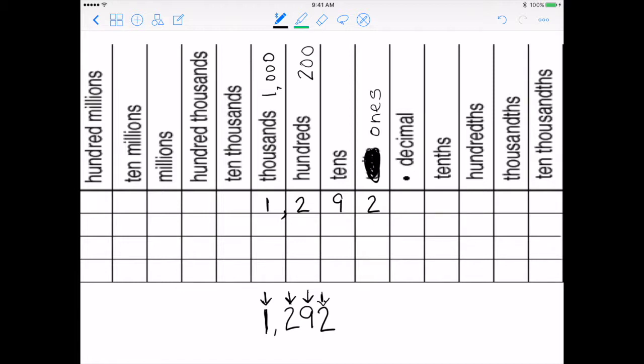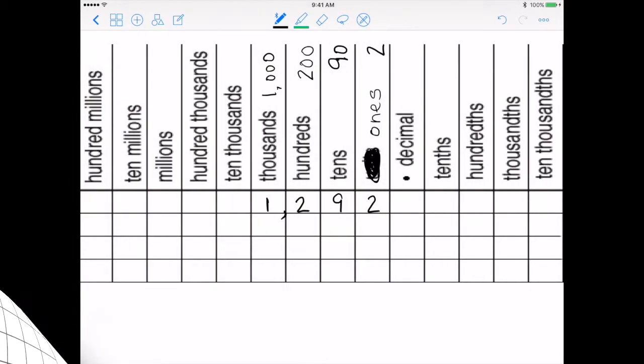Our digit 9 in the tens place represents 90. And finally, the 2 in the ones place represents 2 ones. From here, we can see that we have 1 in the thousands place, or 1,000.